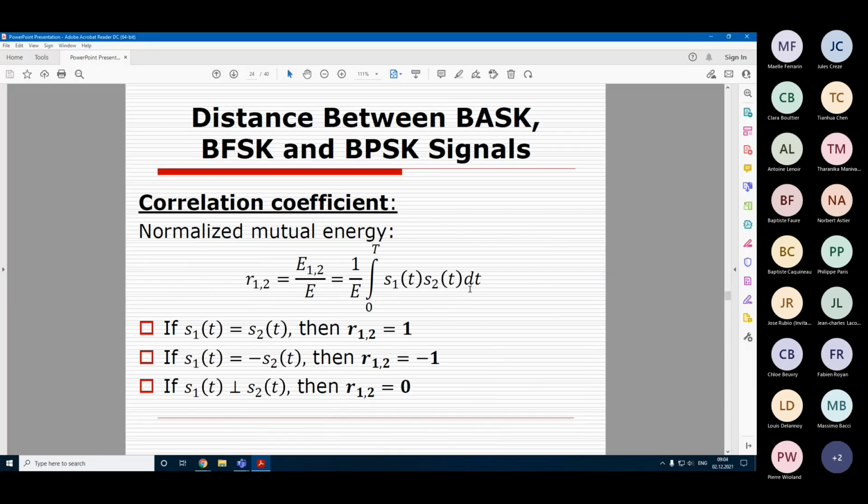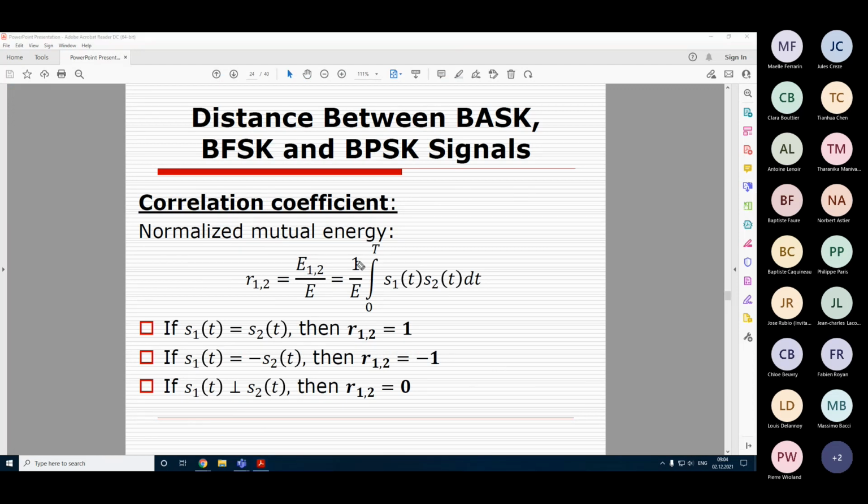So this mutual energy is very important for us further to actually receive the signal. We will use the same approach to receive the signal, but for now, depending on the modulation type, it can be 0, 1, or -1. For orthogonal signals, which is the case of binary frequency shift keying, it is 0.